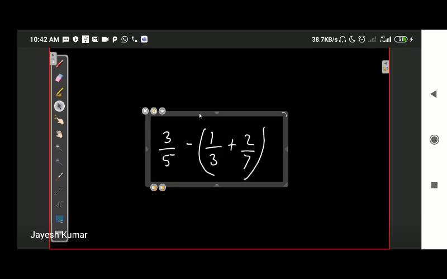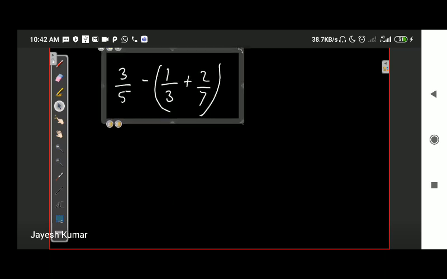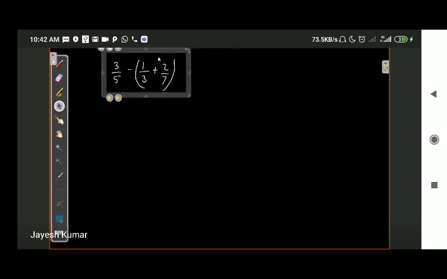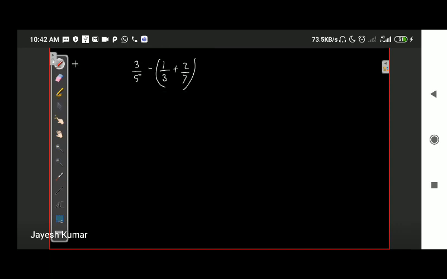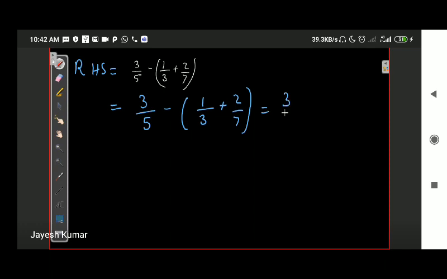So this is our RHS, right hand side. First of all, once again, we are going to solve the bracket first. So this will be 1 upon 3 plus 2 upon 7. On taking the LCM for 3 and 7, you will get 21. This will be 7 plus 6.